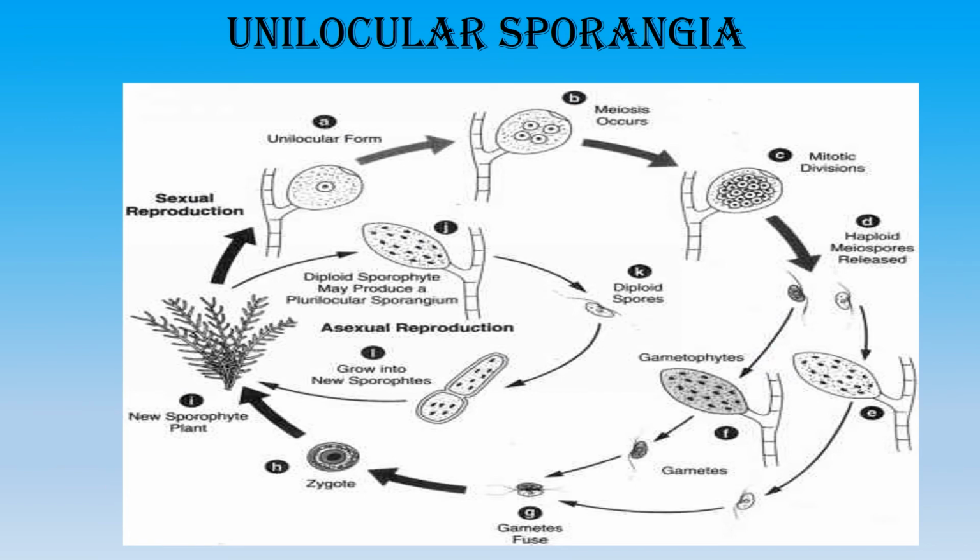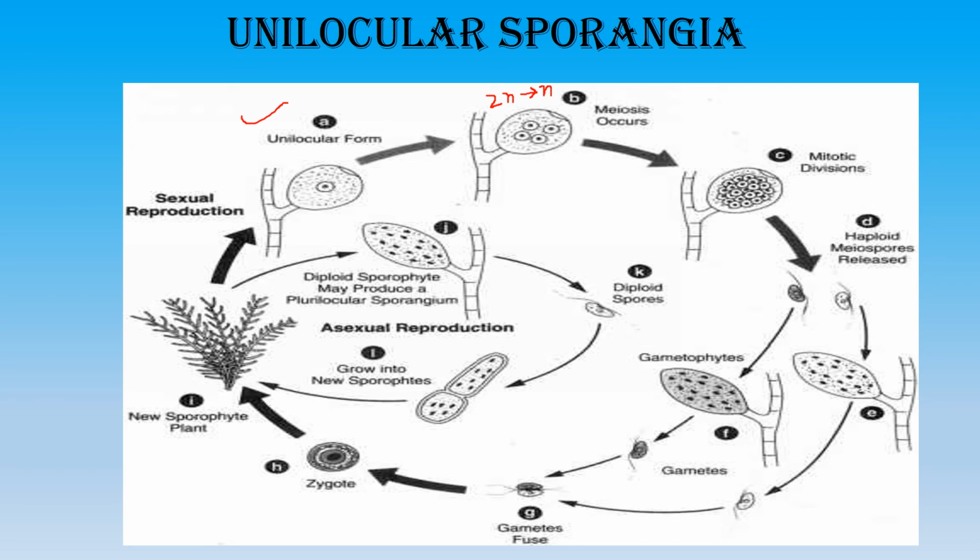This is how the unilocular sporangium develops. Here in diagram A, we see that a terminal cell of a branchlet enlarges in size and undergoes meiosis, that is, 2n is converted to n.